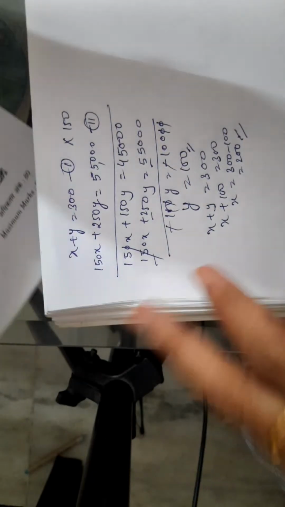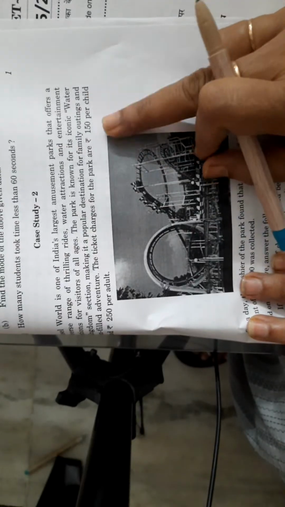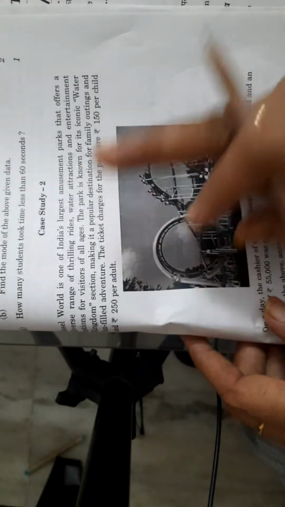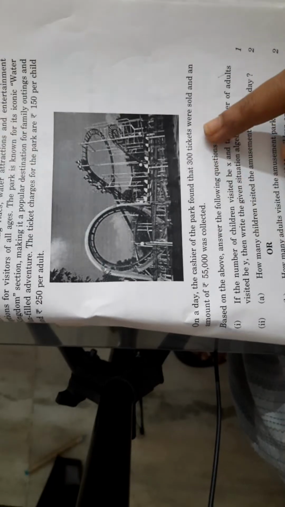So here the question was, once again I'm repeating the question. One day, there is an amusement park where the ticket was 150 per child and 250 per adult. One day the cashier of the park found 300 tickets were sold. Out of this 300, the number of children and adults both are there. If you consider X children and Y adults, then X plus Y will be 300.